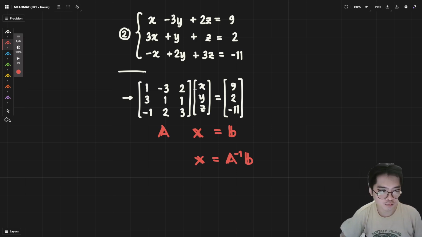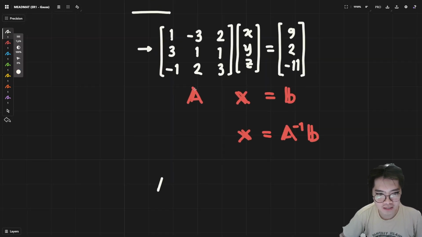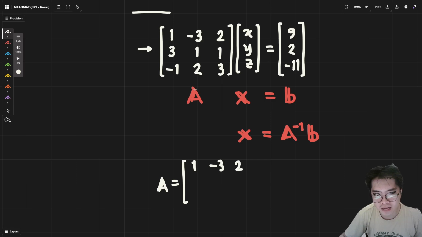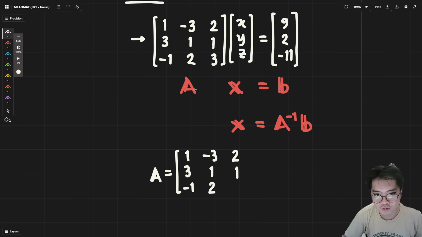I will now use my calculator. If A is going to be this 3x3 matrix, of course, you guys can do this on your own. If you would like to practice a little bit more into how to create the inverse of something, you're very welcome to do it here. -1, 2, 3.